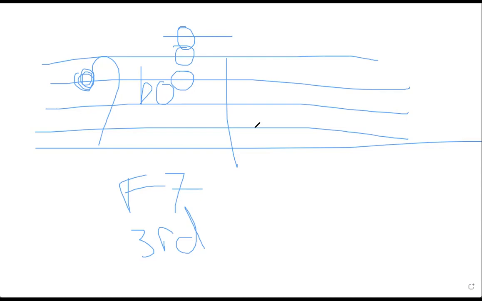Okay. So the next one is C7. So it is a first inversion. That means that the root is going to be brought up an octave, right? So the first given note that they give us is an E natural.